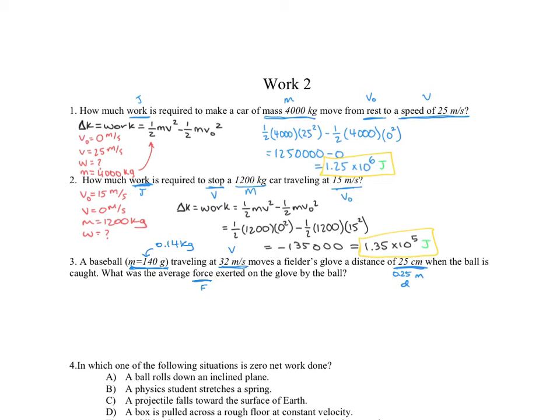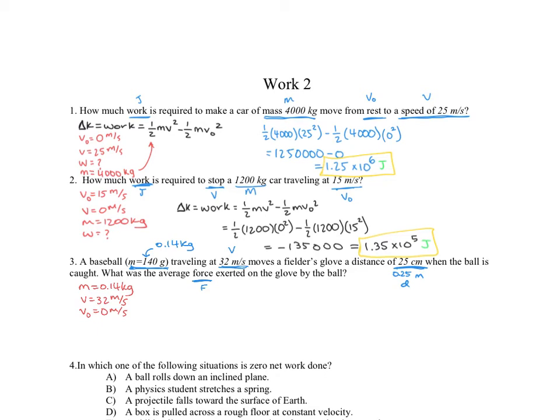So let's just write out our information and what we need to find. So we have mass of 0.14 kg. We have a velocity of 32 meters per second. We have an initial velocity of 0 meters per second because it wasn't explicitly given, so we can just assume that it's 0.